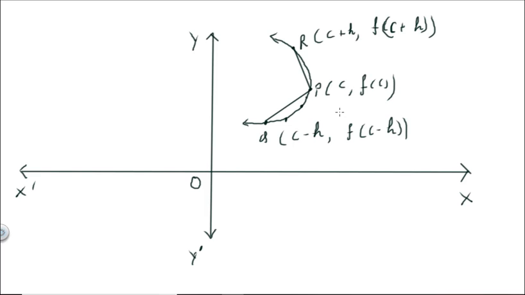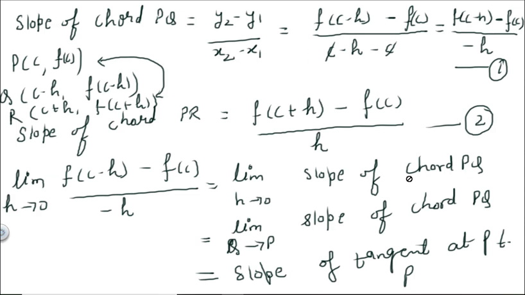Then we found the slope of the chord PQ and the slope of the chord PR, that I have written here. Now applying the limit to it, the chord gets converted to the tangent. Similarly it will happen to our slope of chord PR.